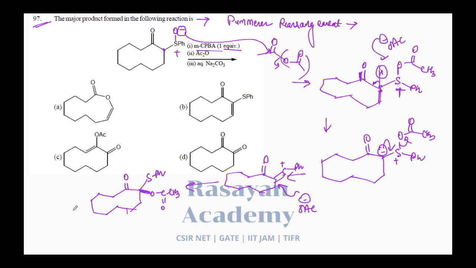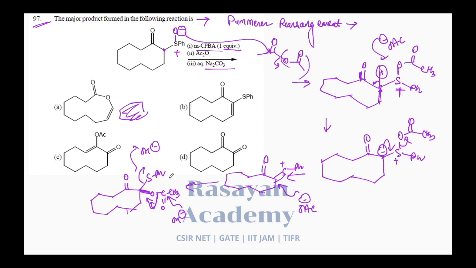Now the final step is Na2CO3. This is going to be the hydrolysis. Now where is the OH minus going to attack? If it wants to do hydrolysis, the OH minus will attack over here and it is going to open up this bond. Once it opens up this bond, you can directly remove the thiol, isn't it?